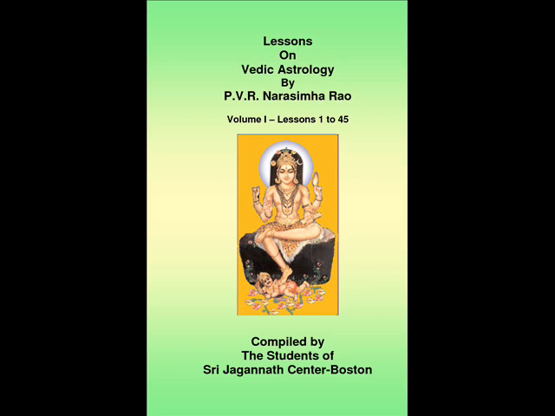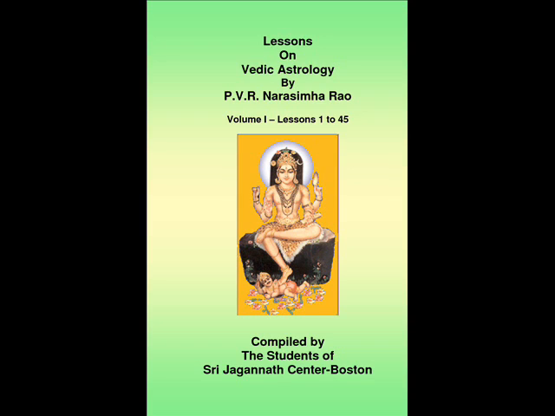When you make the chart D1, for example, D1 is basically just the Rasi chart, the physical chart. D2 is Hora. If you look at the table, you will see that it is the chart of wealth and money. D3 is siblings. And so on.